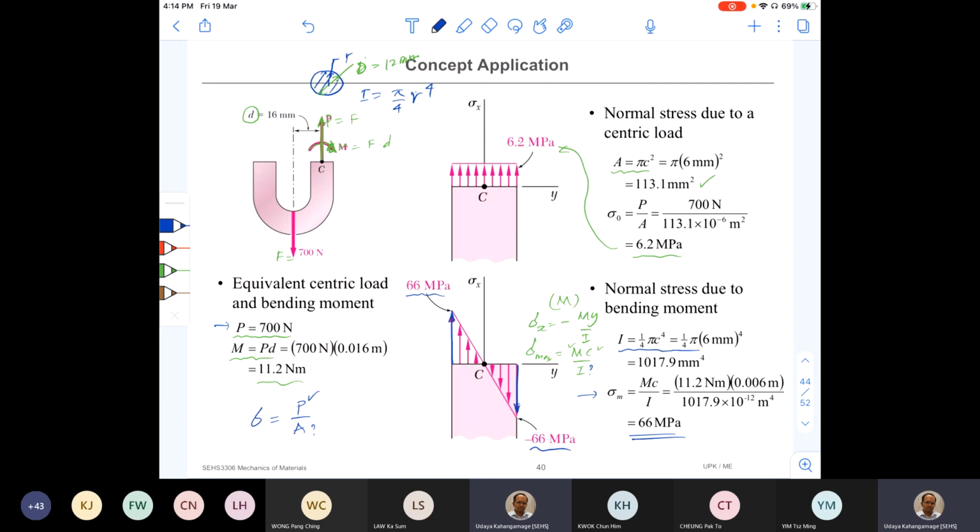Now add them together. Okay, so when you add in the inside part, this is tensile, this is also tensile. So the total stress is going to be higher tensile stress, and on the other side, this is tensile and this is compression, negative, right? So once you add, that side is going to be compressive but a smaller compressive stress.